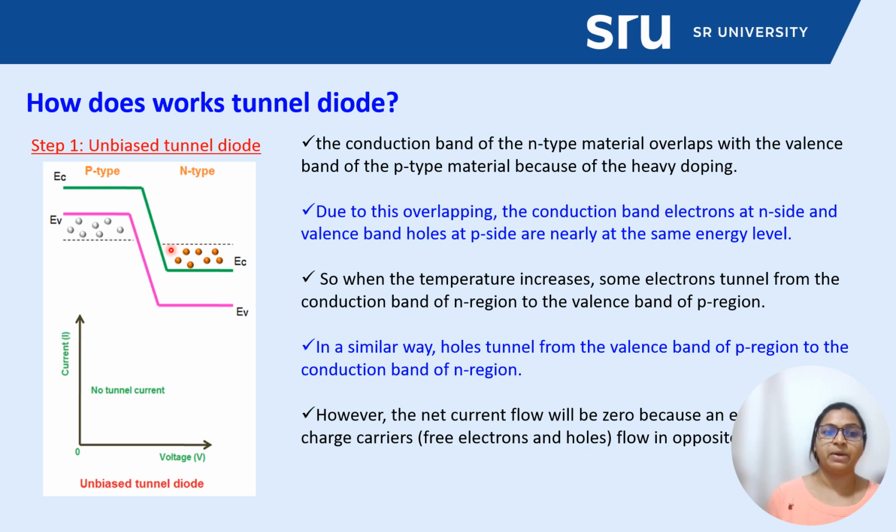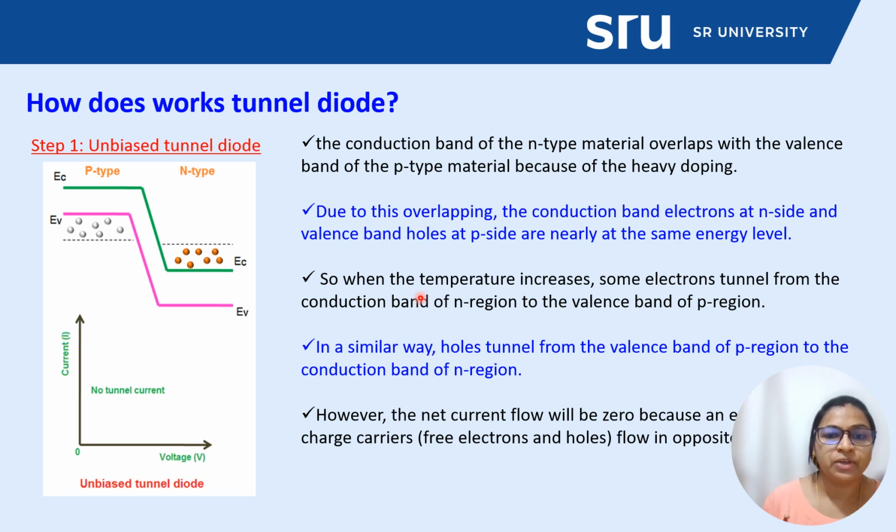So, if we summarize this unbiased effect of the tunnel diode: very first, the conduction band of the N side overlaps with the valence band of the P side, since the tunnel diode is heavily doped, and due to this overlapping, the conduction band electrons at the N side and the valence band holes at the P side are nearly at the same energy value.